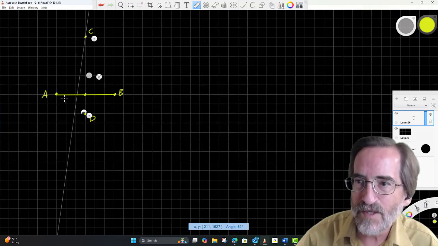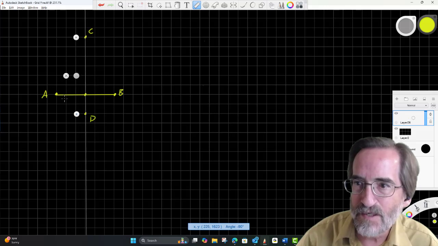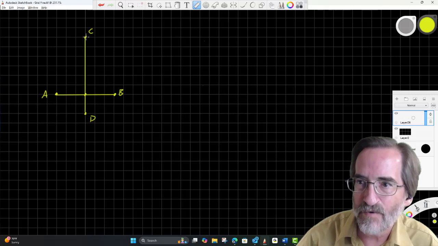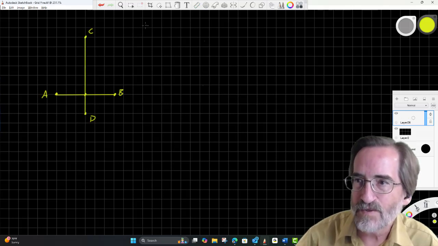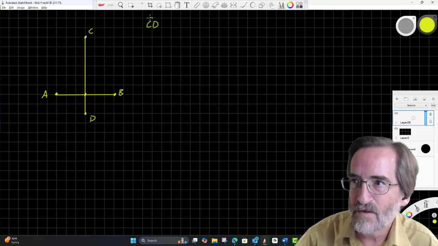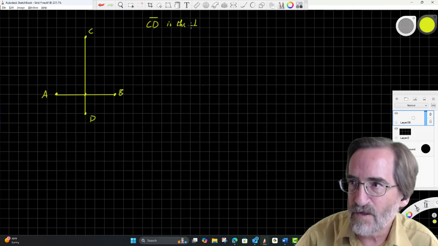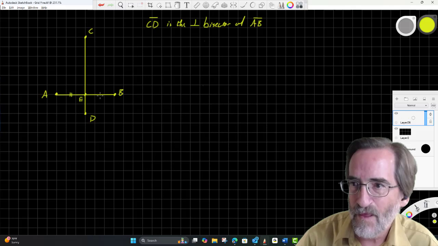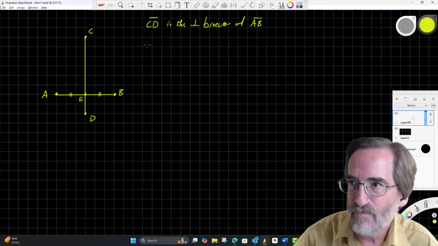And so when we say CD is the perpendicular bisector of AB, we're saying a number of things here. Segment CD is the perpendicular bisector of segment AB. Here's what we're saying. We're saying AE, if E is the midpoint, is congruent to BE.